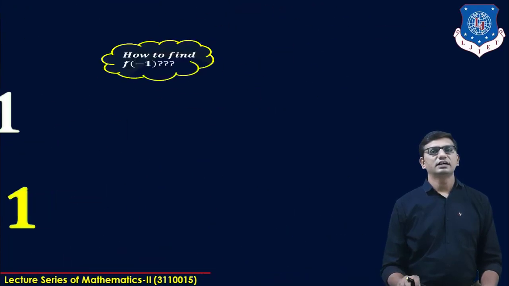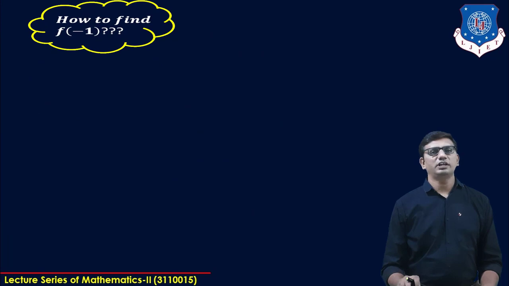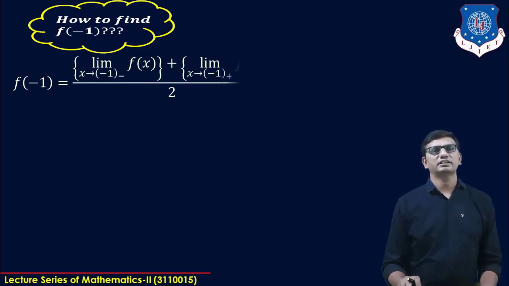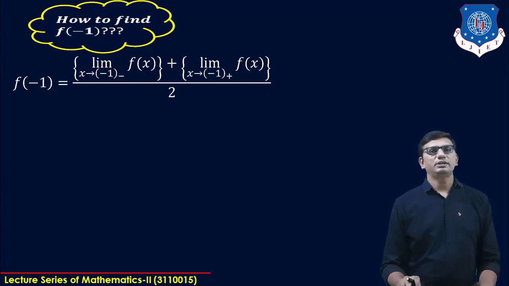Let us see. Here, f of minus 1 is obtained from the average limit of f x at minus 1. That means f of minus 1 equals limit x tends to minus 1 minus f x plus limit x tends to minus 1 plus f x, divided by 2. This is the left hand side limit and the right hand side limit at minus 1. Here we are taking the average of the right hand side limit and left hand side limit at minus 1.